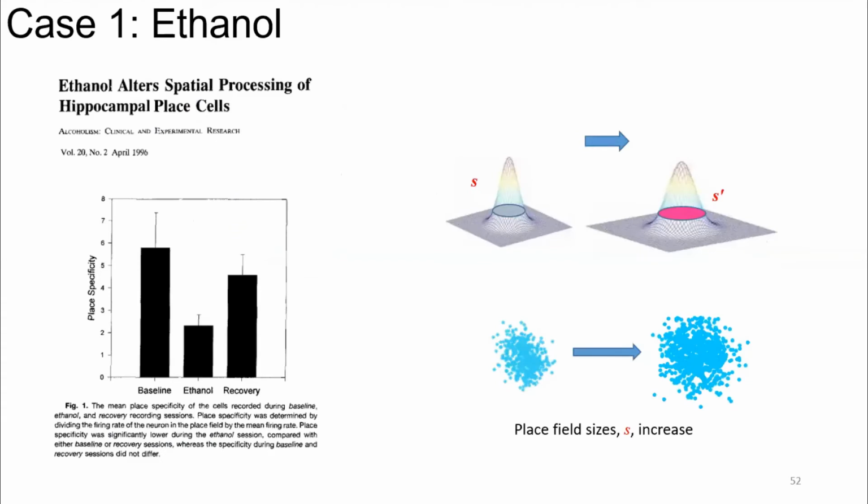People have carried out experiments in which rats were given alcohol, and what happens when the rat gets drunk is that place fields are getting larger in size. It's a very common observation that people see in rats when given alcohol.